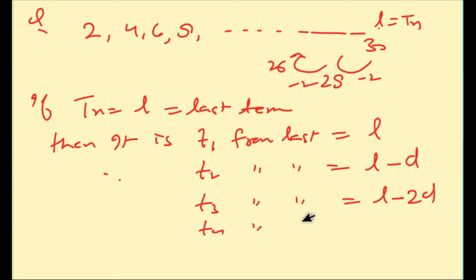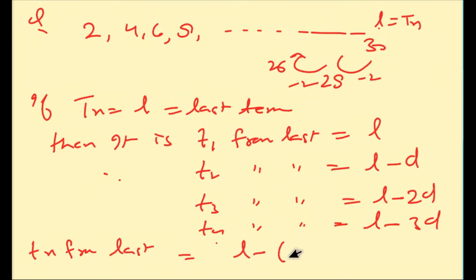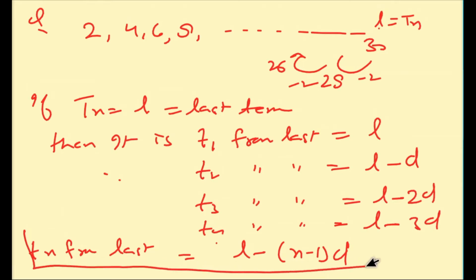T4 from last is L minus 3D. So we can write that the nth term from last is L minus (n minus 1)D. This is the formula from last. If we want to find the nth term from last, we should use this formula. Okay, student.